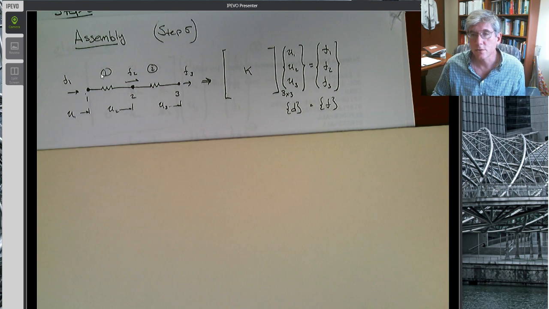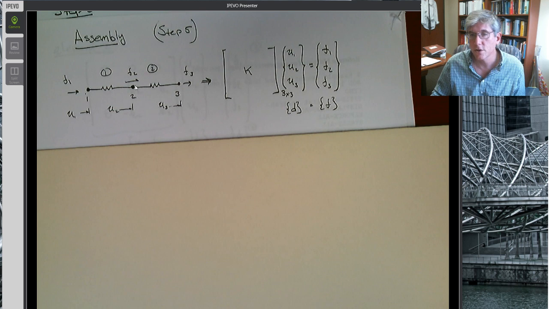So here we go. So just to recall, here is our finite element model, if you will. 2 elements, 3 nodes. We have displacement at each one of the 3 nodes, U1, U2, U3. And then external forces. Again, all the external forces are written such that they're positive in the positive x direction.